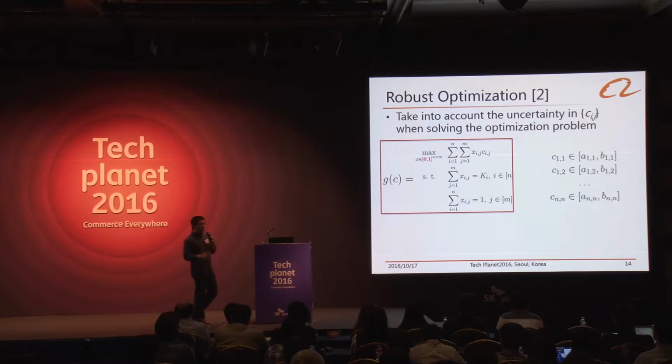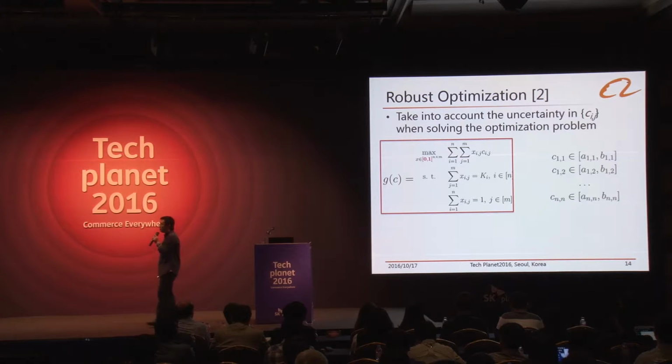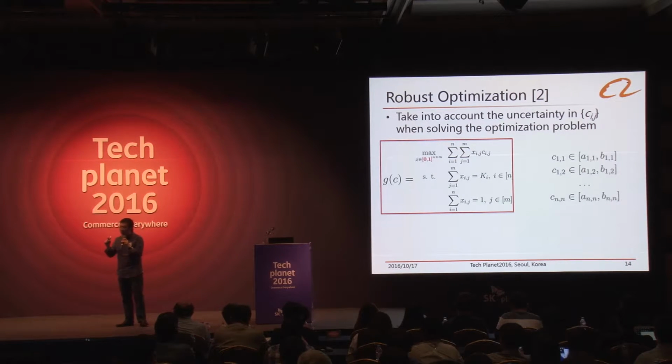If that information can be taken into account, then our results will be much more robust compared to just taking a single guessed value for CIJ, right? So therefore, the optimization problem we face here is to find an assignment that can perform well regardless of which value of CIJ you take from that interval.